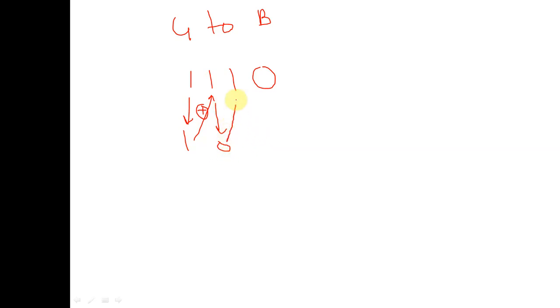Then this 0 is XORed with the next bit: 0 XOR 1, answer is 1. Then this 1 XOR with 0, answer is 1. So the final answer is this: this one is the Gray number and this one is the binary number.